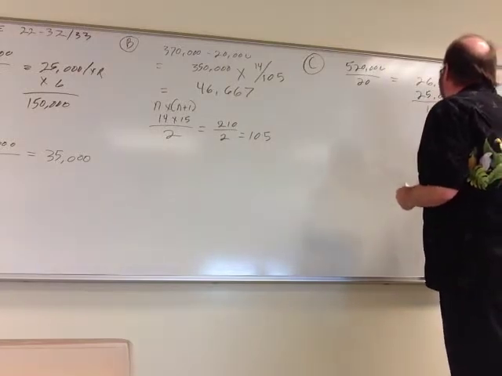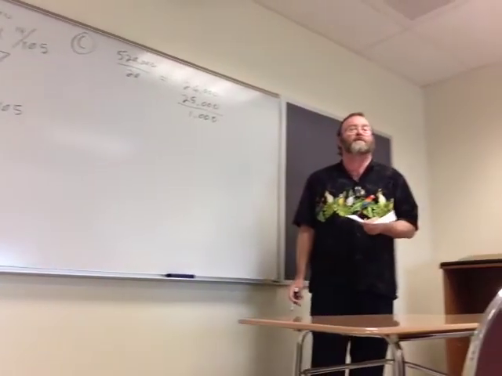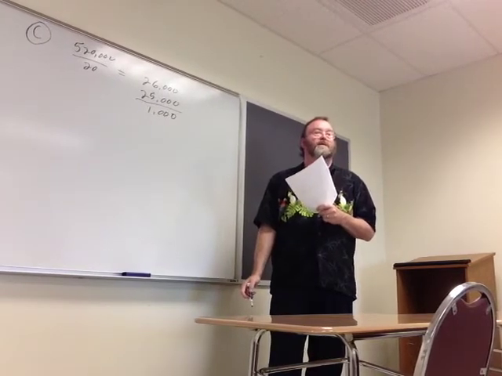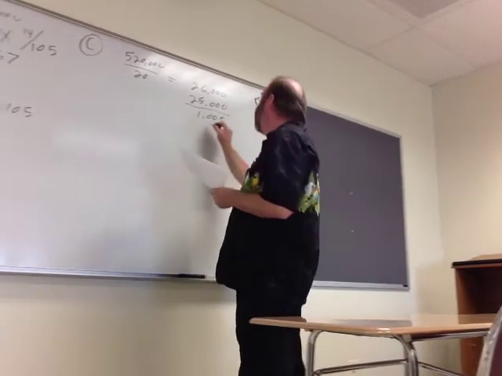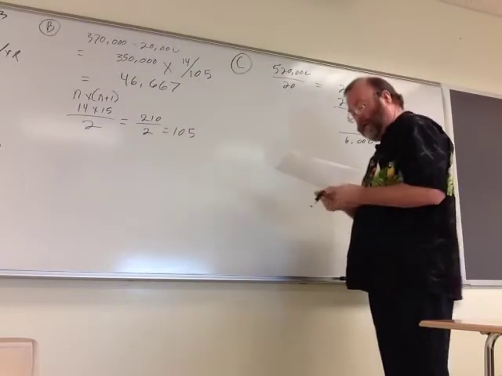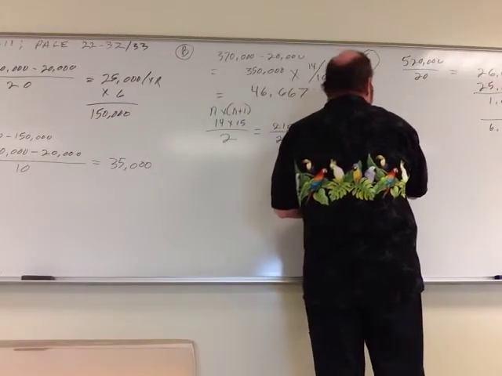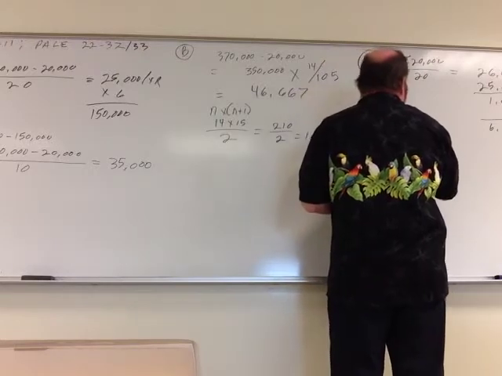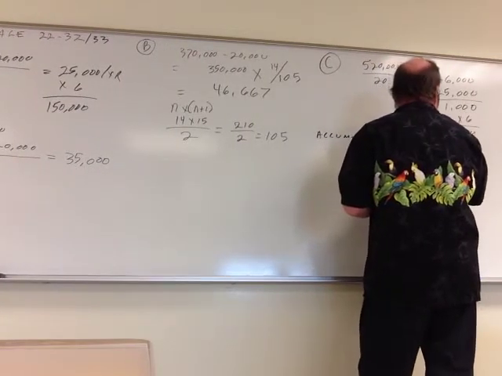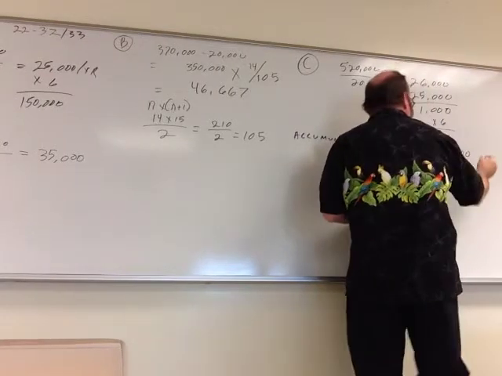That's an overstatement of depreciation expense on an annual basis of $1,000 times the 6 years that have gone by since you bought this building, you need to reduce accumulated depreciation by the 6,000.